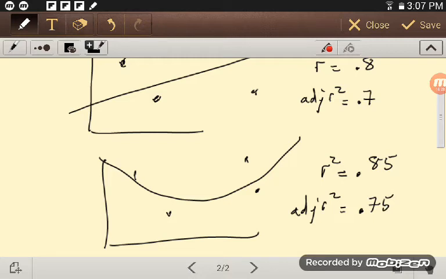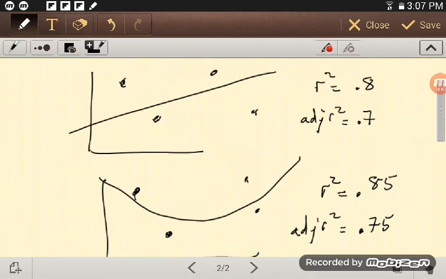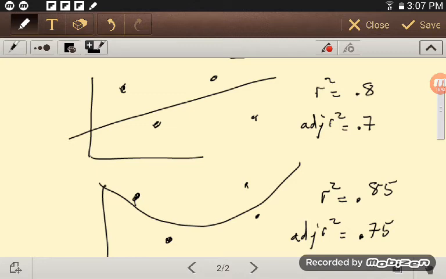Well, in that case, unless I have any other reason to doubt it, I might want to go with a quadratic over the linear, because not only did the R-squared increase, which I expected just because I used more columns, but the adjusted R-squared increased.